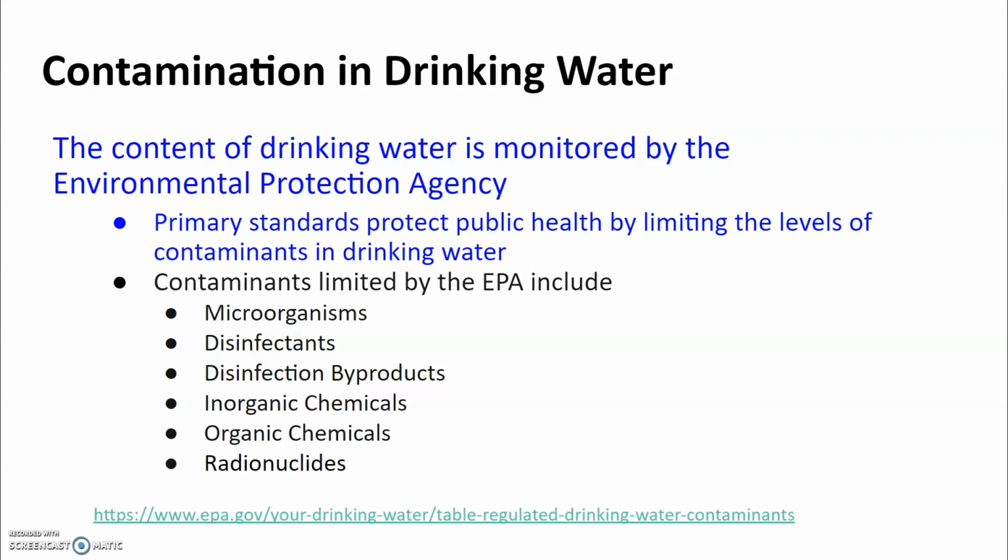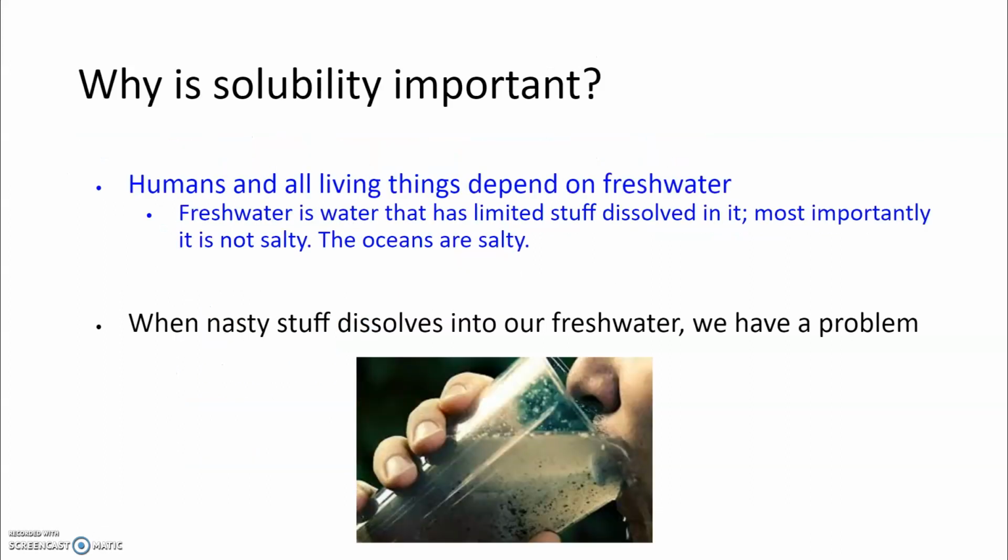Obviously, radionuclides, which is just a fancy way of saying radioactive stuff, clearly don't want radioactive stuff in our water. There's a link here to the EPA website, and it talks about our regulated drinking water contaminants if you're interested in more of those details.